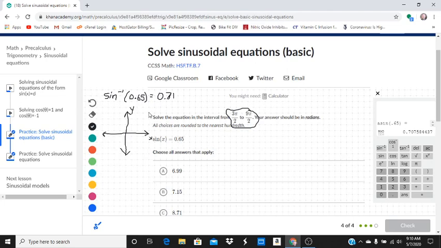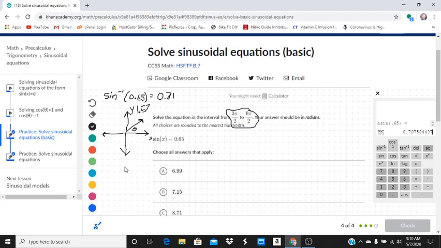Up here we have about pi half radians, so that's 1.57. So 0.71 is going to be a little less than half of that. Let's say the angle is somewhere like here. If we want to call our angle theta, that angle is there.